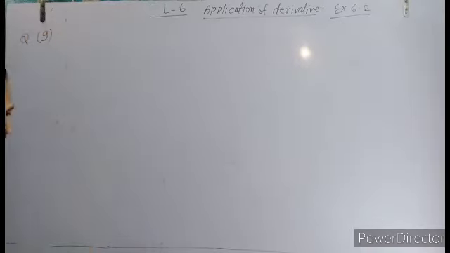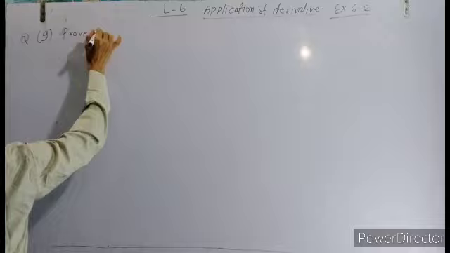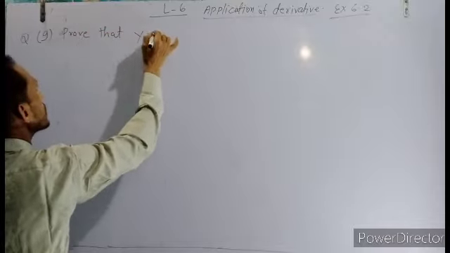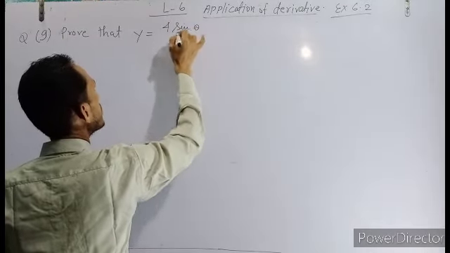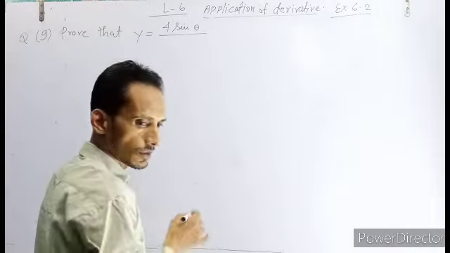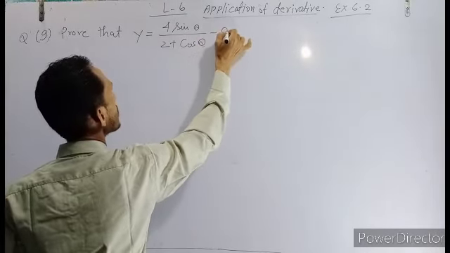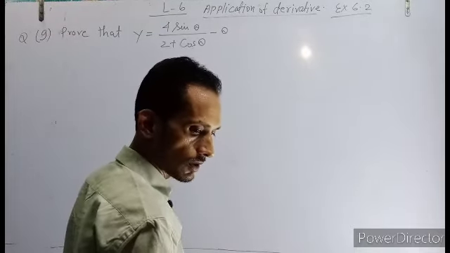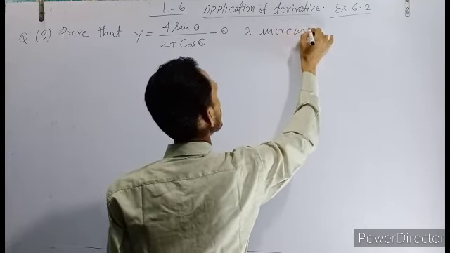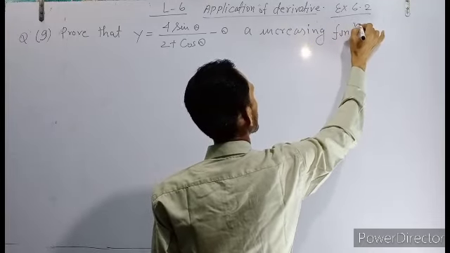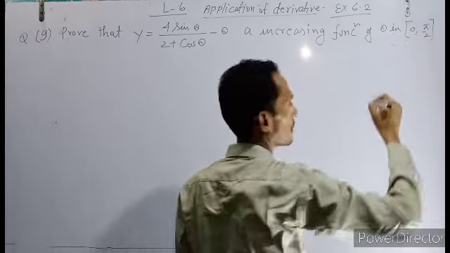Question number 9. Prove that y equal to 4 sin theta upon (2 plus cos theta) minus theta is an increasing function of theta in 0 to pi by 2.